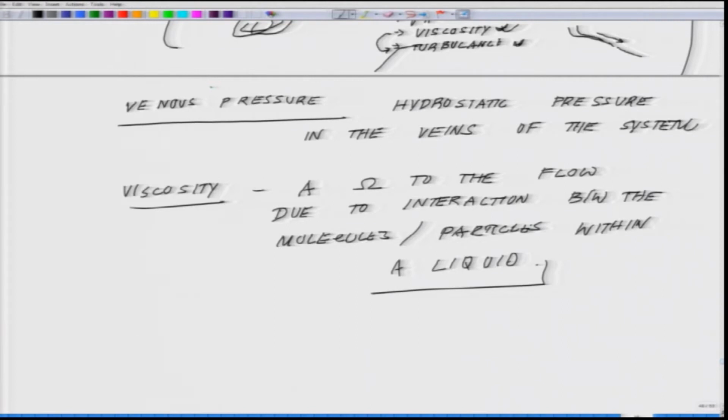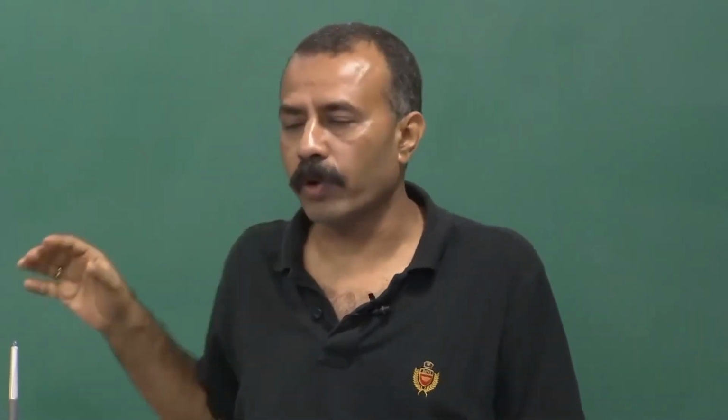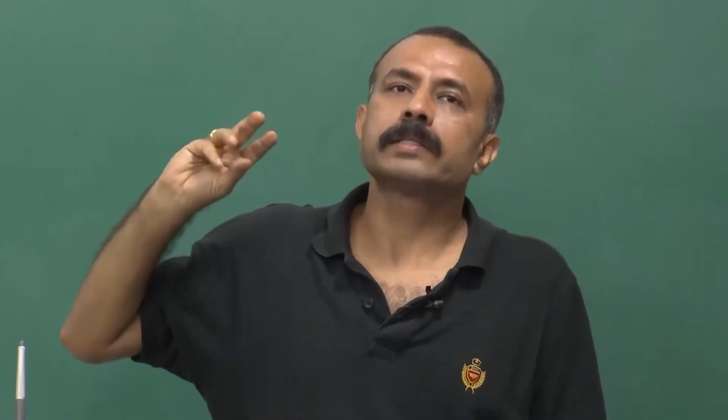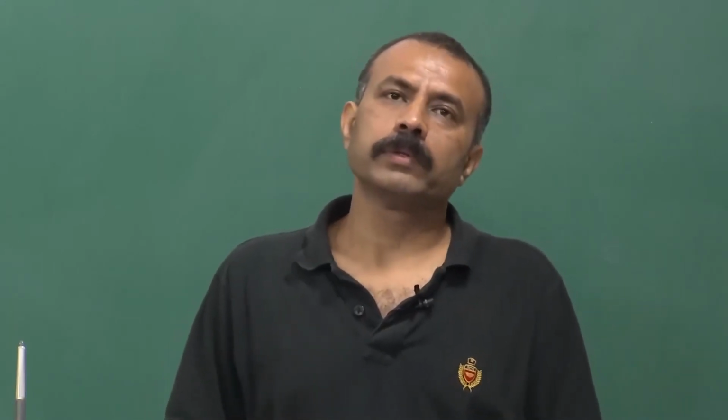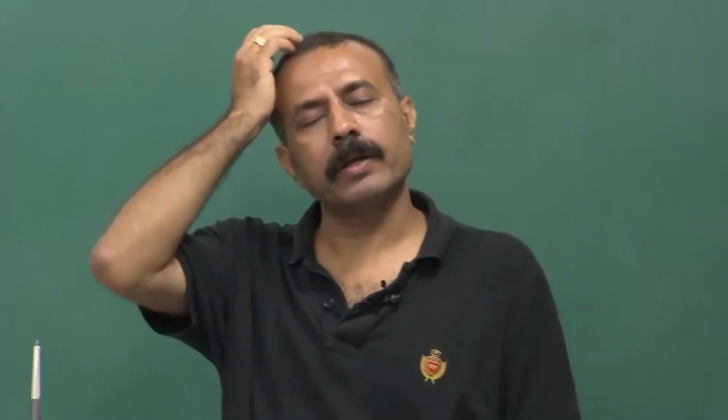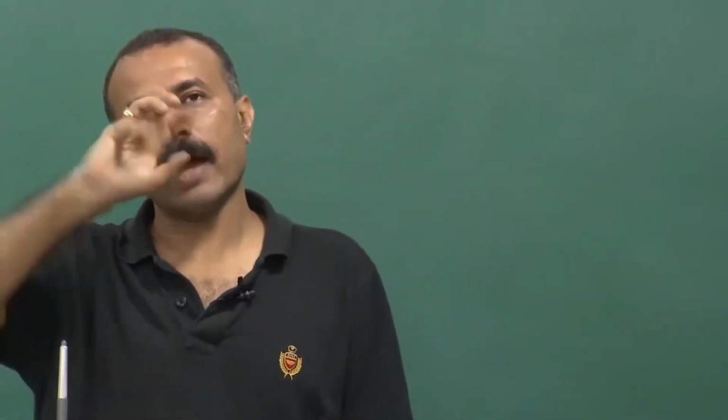Say for example, the blood is flowing, it has a certain viscosity, I discussed this, because it is a fluid on which there are particles of proteins and other biomolecules which are suspended. Apart from it, there are macro particles in the form of cells, red blood cells, white blood cells, platelets.